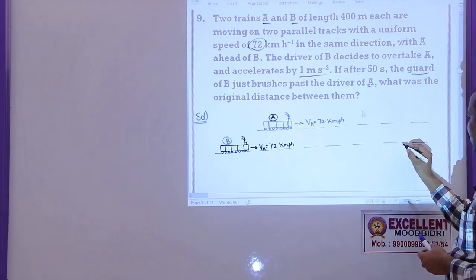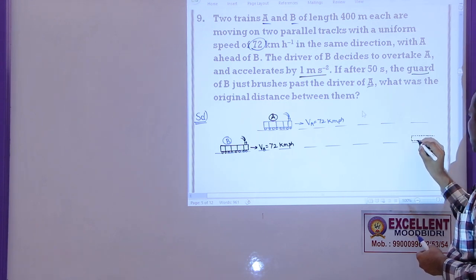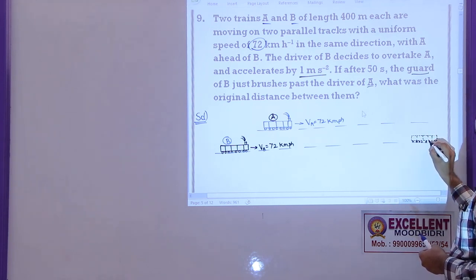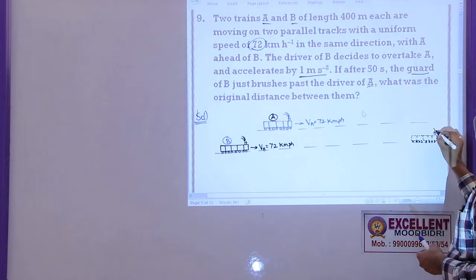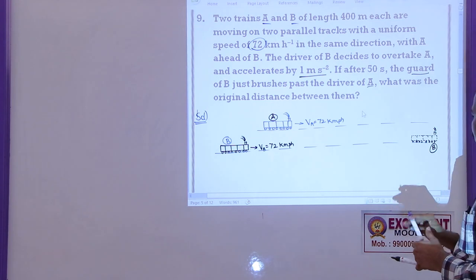So here I am going to draw this. This is train B, and where is train A?